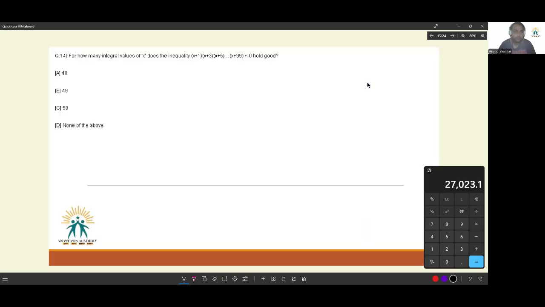Nice. For how many integral values of x does the inequality (x plus 1)(x plus 3)(x plus 5), and so on and so forth, up until (x plus 99), is less than 0 hold good? Okay. These are all odd numbers. How many brackets are these? 50 brackets. Even number of brackets.